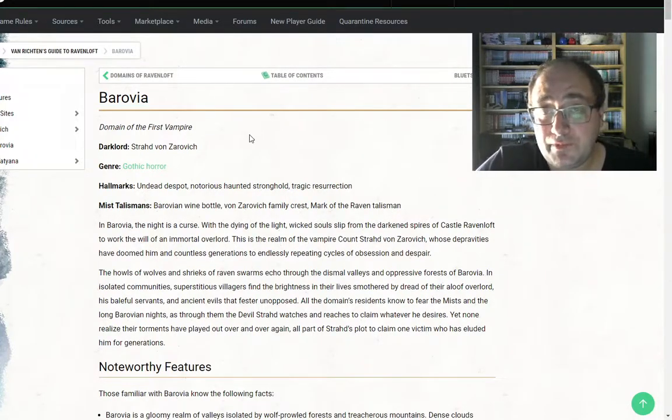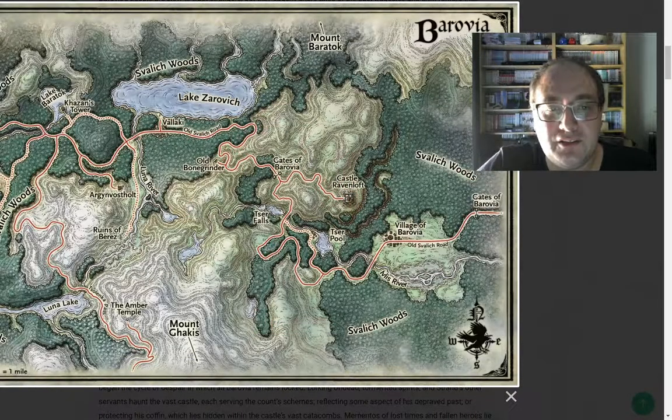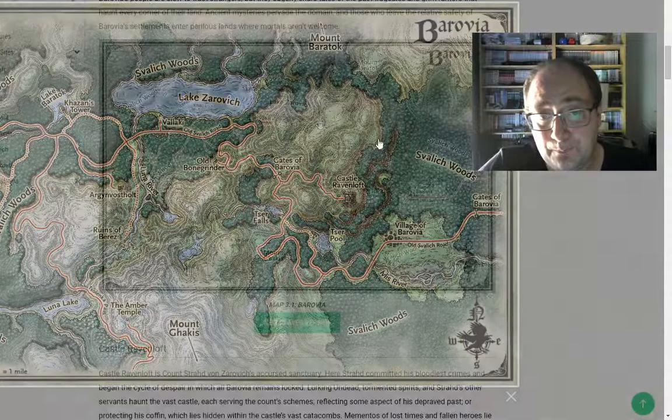As for its atmosphere and feel, you're basically getting Transylvania, right? It's the land beyond the forest, the land between the great mountains, with mountains in the north and mountains in the south. You're basically getting Transylvania, but with a D&D fantasy feel to it.